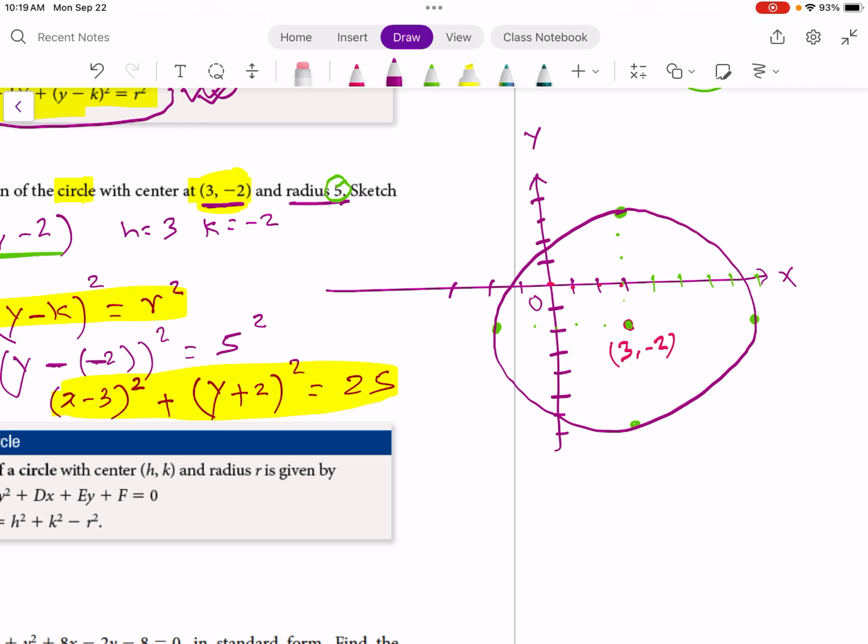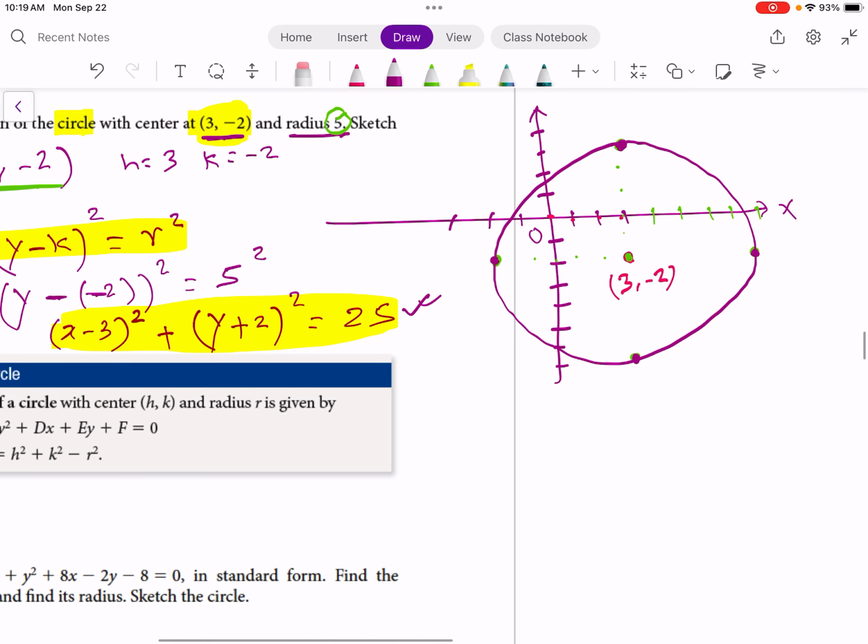If you want to find more points, you can, but find at least 4 points: 1 point on the left, 1 on the right, 1 down, and 1 up. Connect all those 4 points and make it a circle. So this is the graph for this circle. Okay, any question up to here?